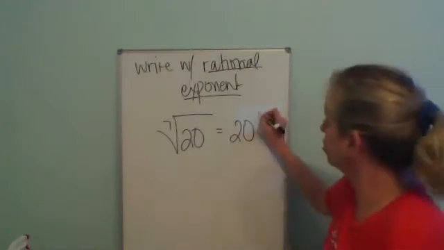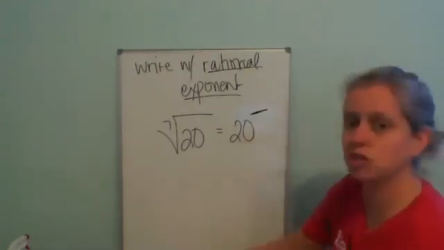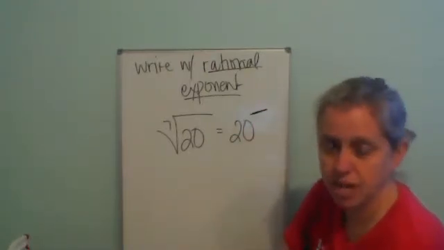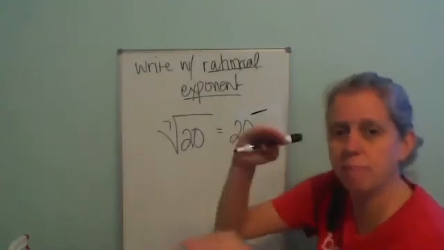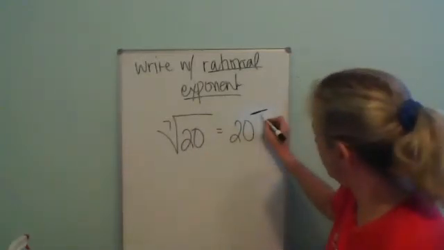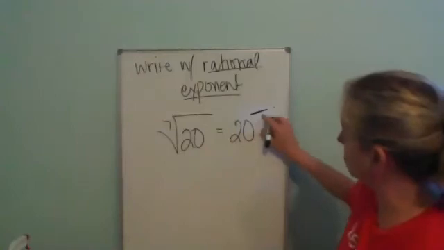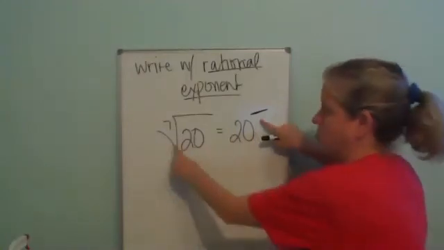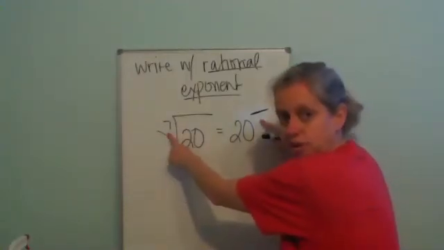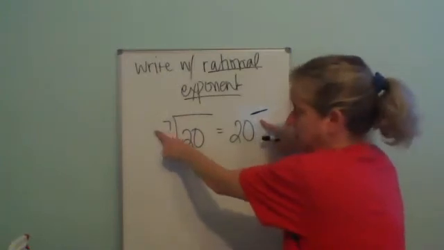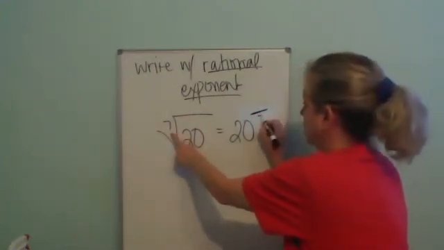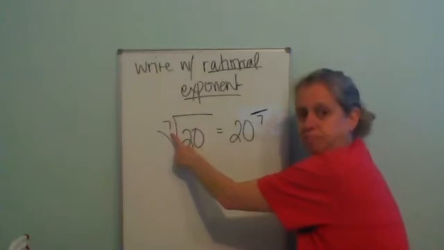Now remember, your exponent is going to be a fraction. So let's see, what is going to be the top and the bottom of that fraction? Remember this number that was on the bottom of the fraction, where did it end up going? It was this number, right? So whatever number is in your little house right here, that's the bottom of your exponent.